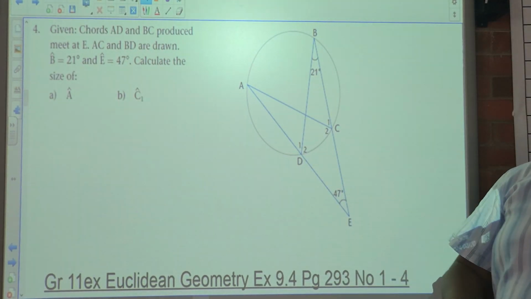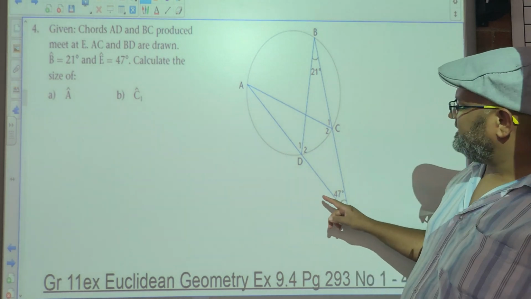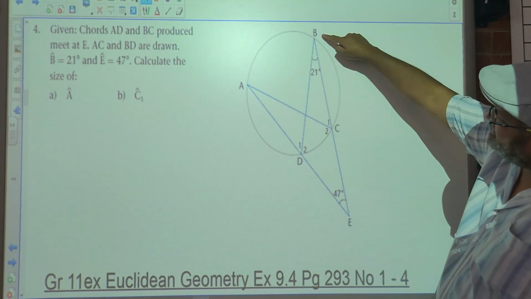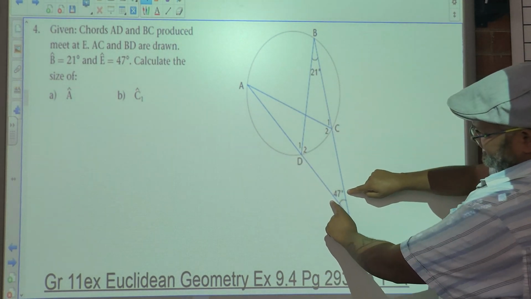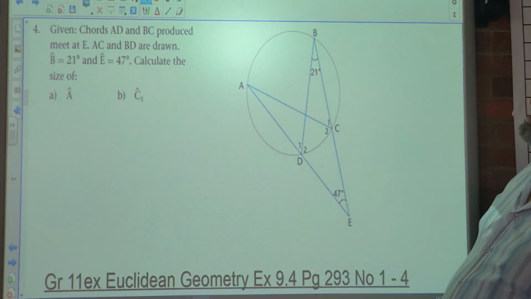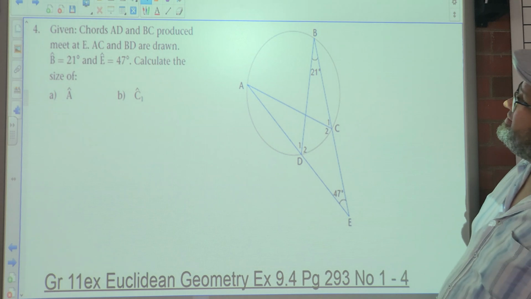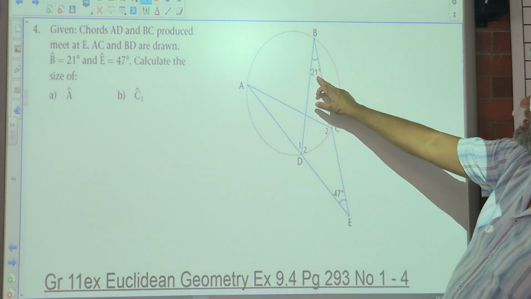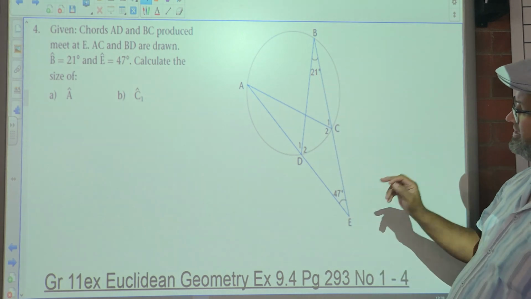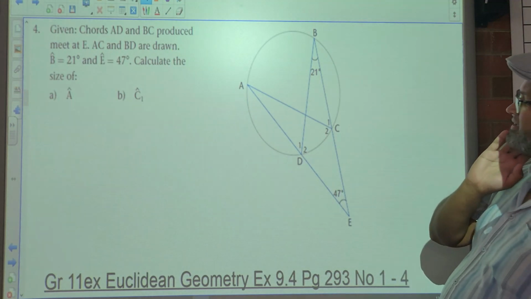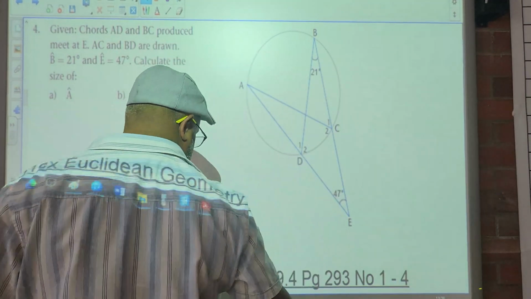Produced means extended, okay, to meet at E. So AD and DB are produced, so extended to meet at E. Then we are told that AC and BD are drawn. Angle B is 21 degrees, and angle E is 47 degrees. Calculate the size of angle A.